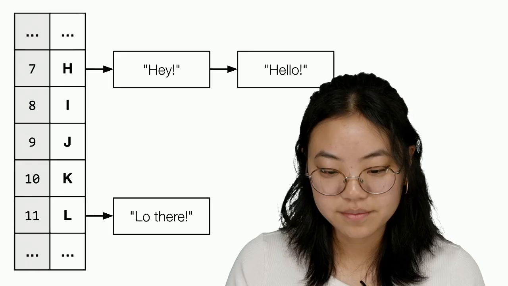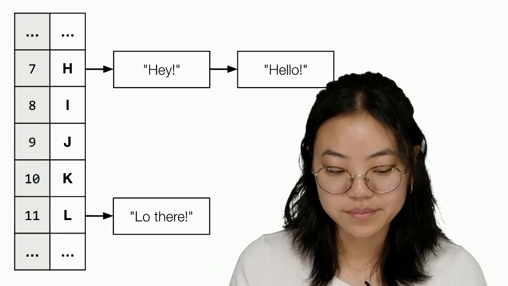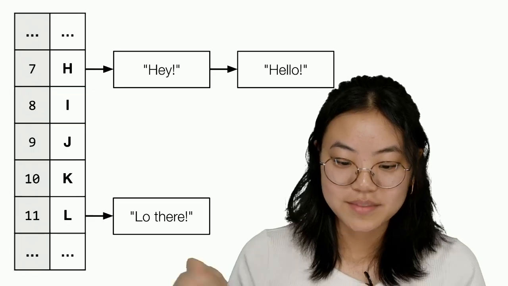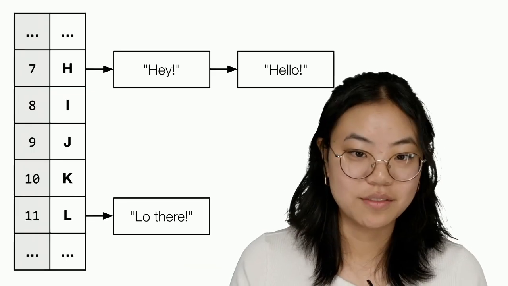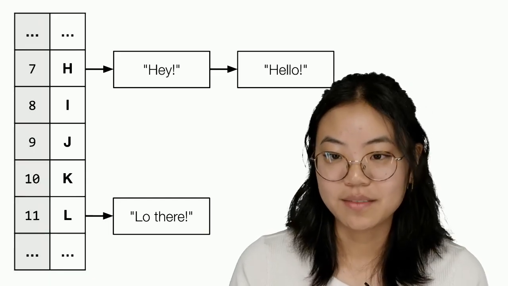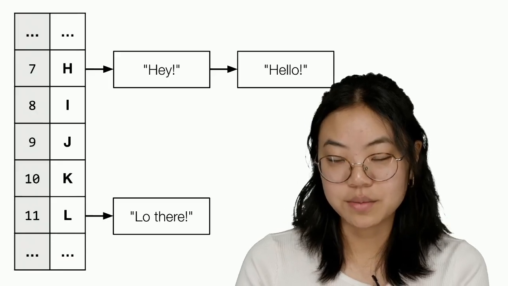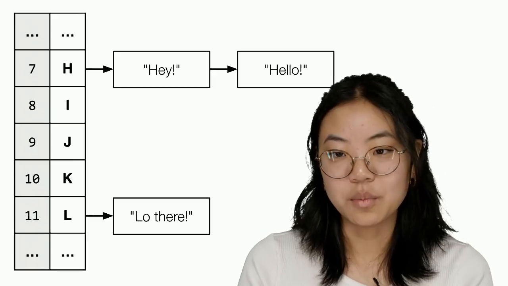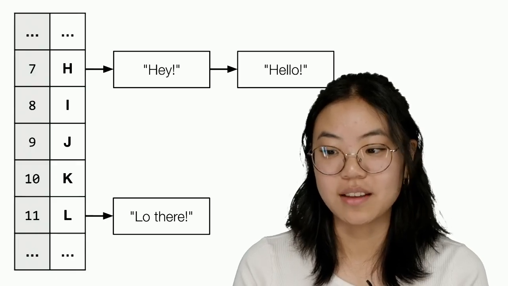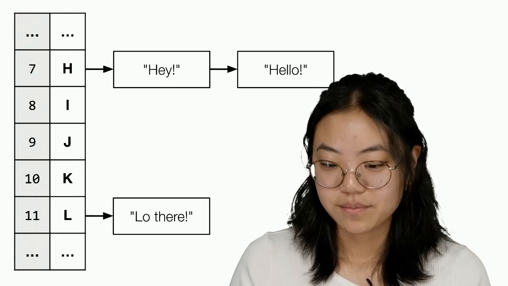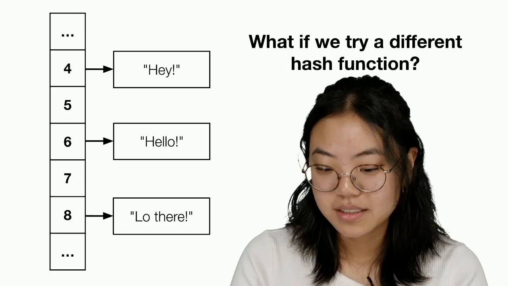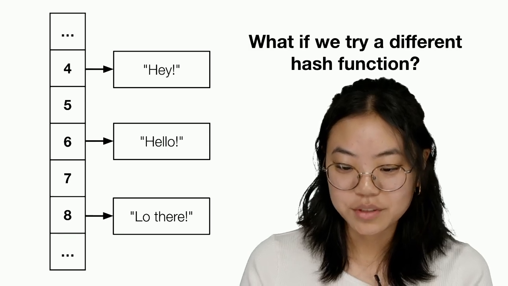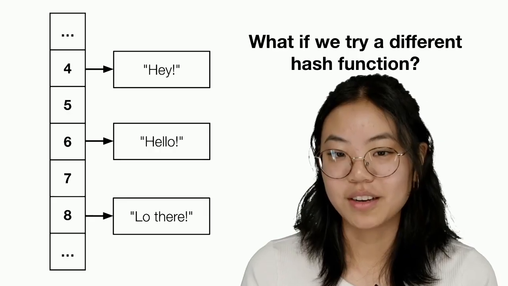So if we looked at this initial hash function here that maps based on the first letter, it could be that some words just don't start with the letter Z, and then that bucket is empty. And we also might have an uneven distribution across these buckets, right? So we might have more words in the H category than we do in other categories. In this one here as well, it could be that we only have words of a certain length and we don't really have any more that are longer than that.